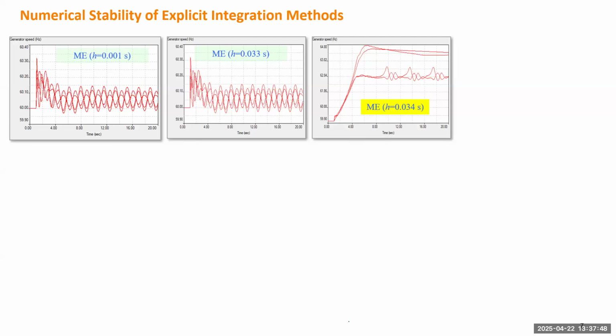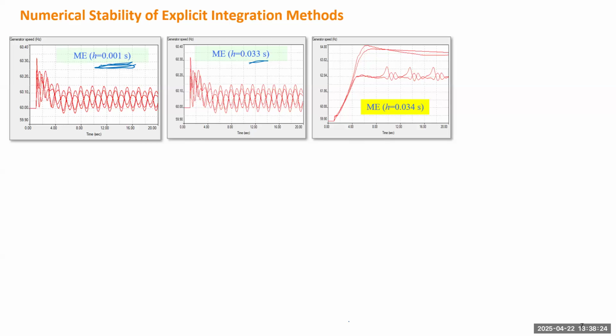If I choose the modified Euler method with a time step of 1 millisecond, I know the system is stable because in this plot, I'm simulating the frequencies of four generators. They all stay very close around 60 Hertz. So the assessment based on this figure is that the system has transient stability. Next, I can increase the time step by 33 times, so now the time step is 0.033 seconds.